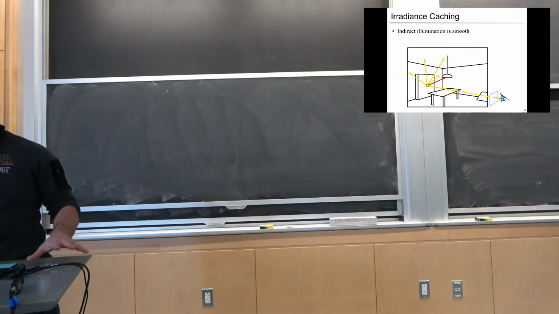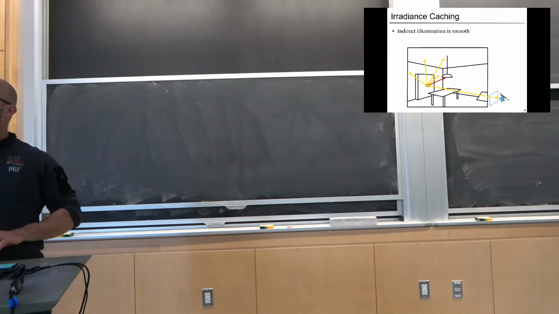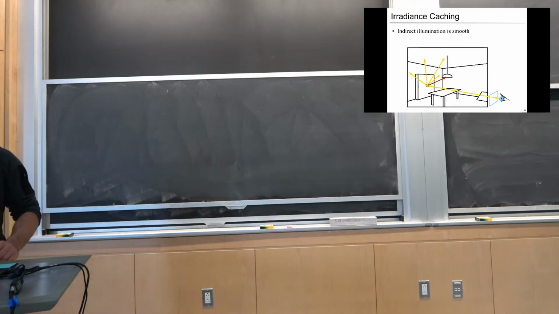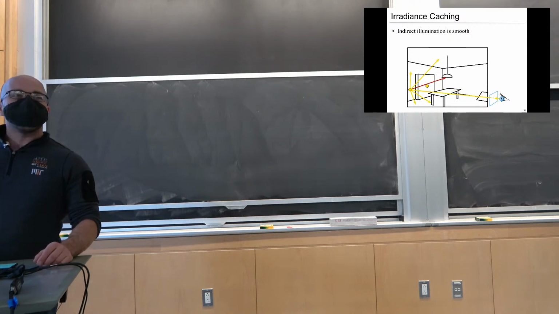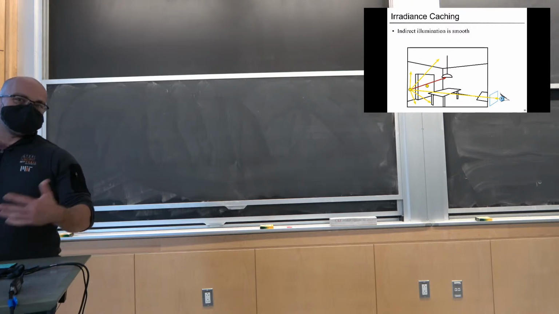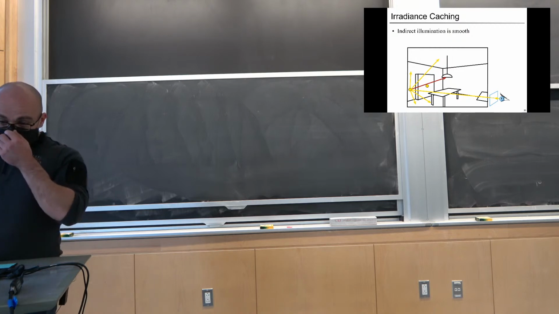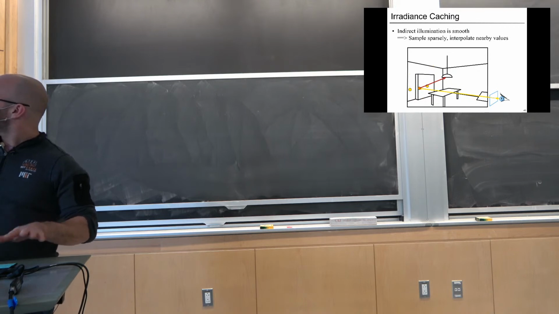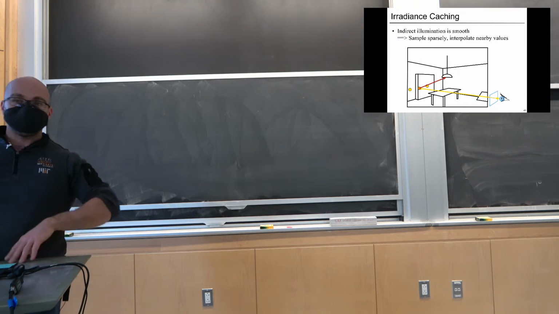So again, remember our basic observation here, which is that indirect illumination is pretty smooth, right? So if I put a bunch of computation time into doing indirect illumination at this pixel here, then if I look at some other point nearby, maybe I want to reuse the calculation there, right? Just borrow the same indirect illumination number more or less. And so that's the basic idea of irradiance caching. So here's what I'm going to do. I'm going to sample some sparse set of pixels on my screen. And at those pixels, I'm going to do my full-on path tracing.